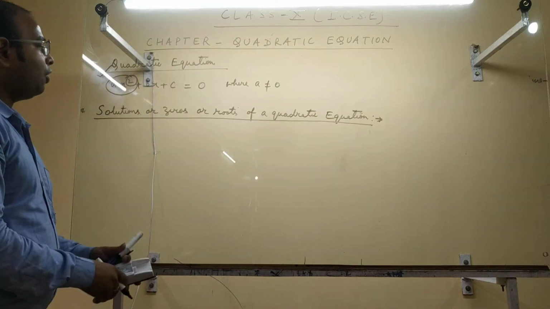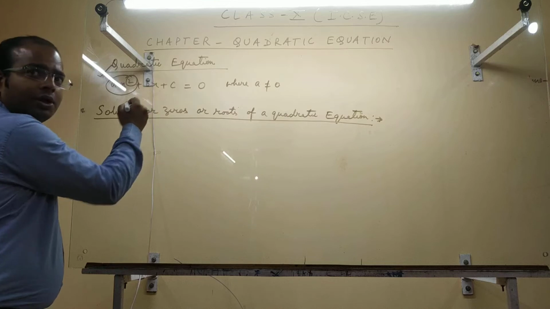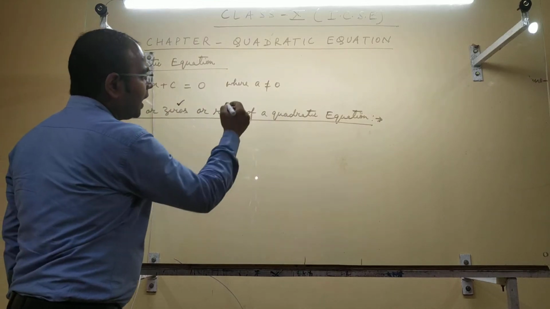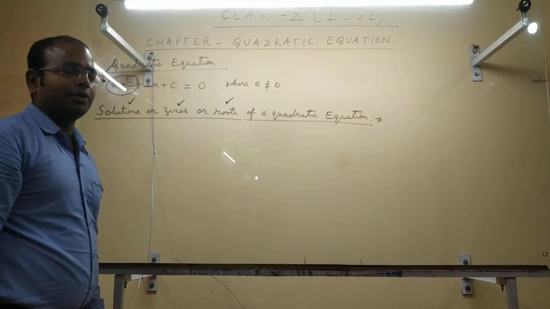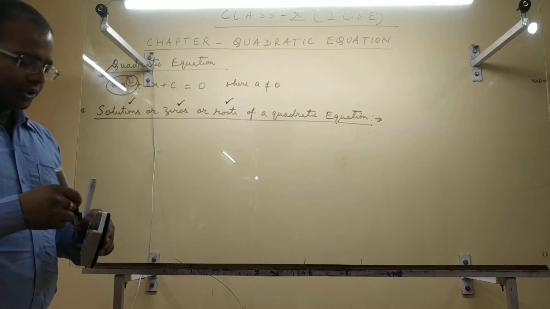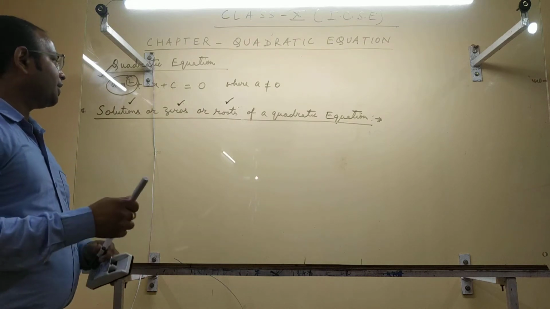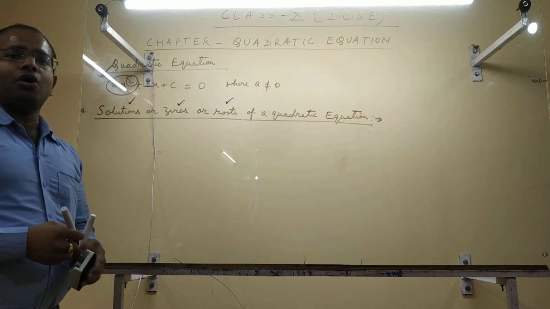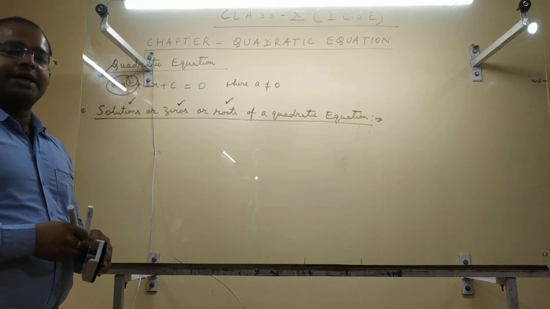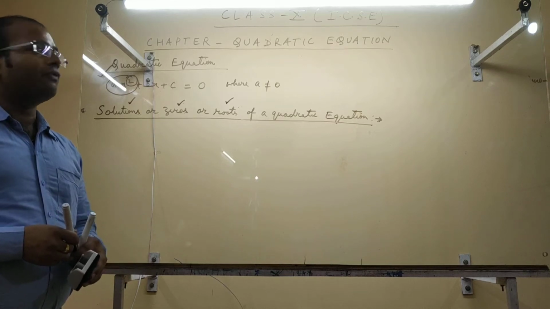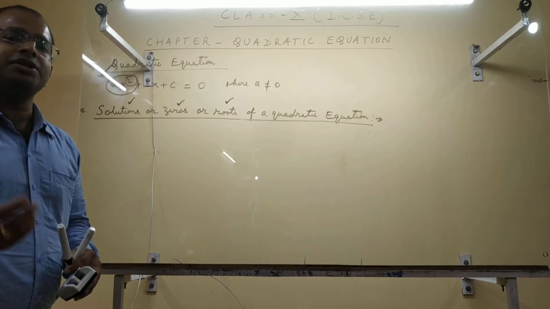We use all these three terms, solution, zeros and roots of a quadratic equation. All these three terms have the same meaning, and we have already defined that solution of any polynomial is that value of the variable for which the expression becomes 0.